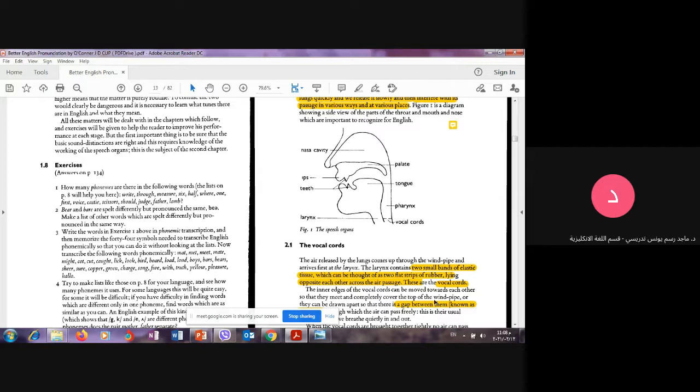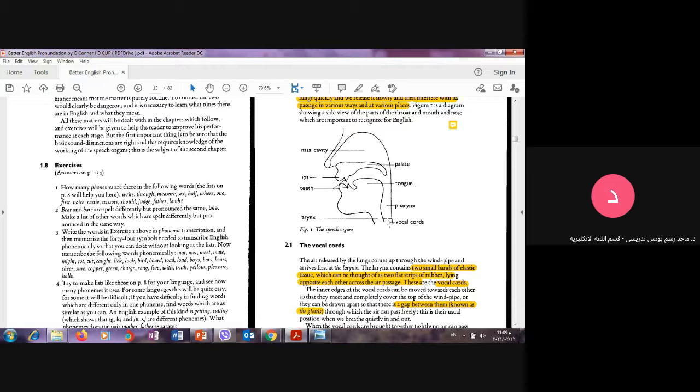The vocal cords are two small bands of elastic tissue which can be thought of as two flat strips of rubber lying opposite each other across the air passage. The space between the vocal cords is called the glottis. The glottis refers to the space or the gap between the vocal cords.